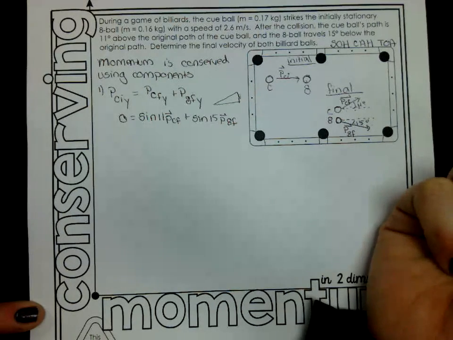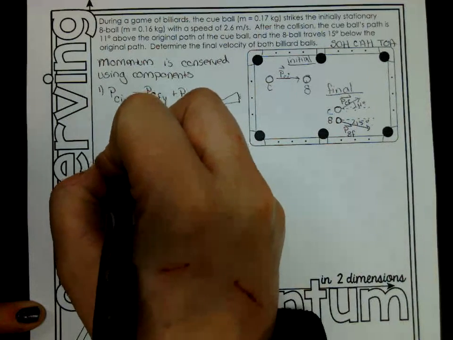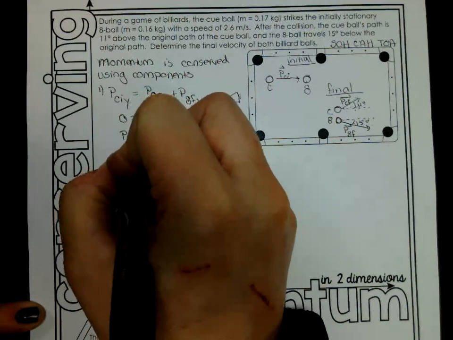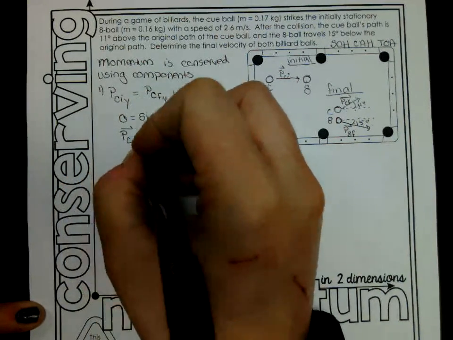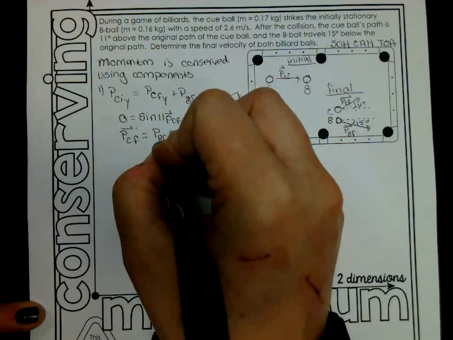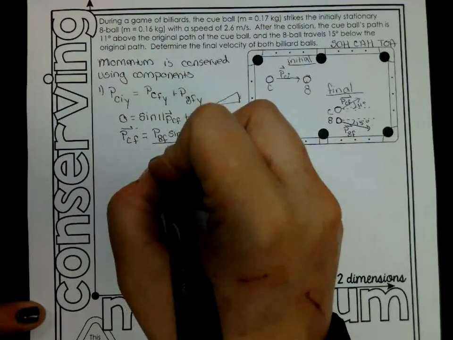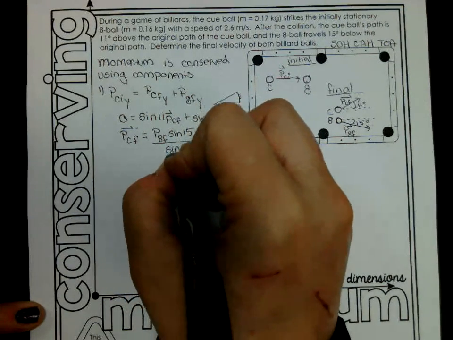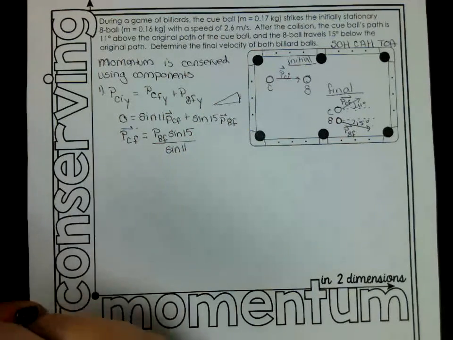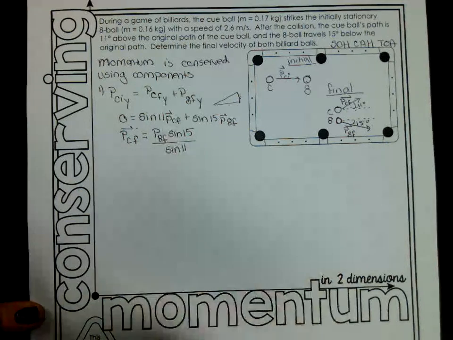So if we want to know the momentum of the cue ball final, we can say momentum cue ball final is equal to momentum 8 final sine of 15 over sine of 11. So I just isolated this momentum cue ball final.